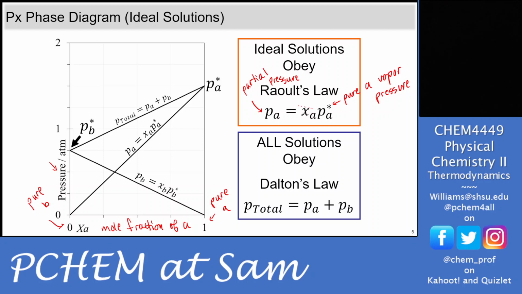It's just such a simple equation. It's a linear relationship. I take the pure vapor pressure of A, and then I just take the mole fraction. So if I have 60% A, I have 60% of the pure vapor pressure of A.